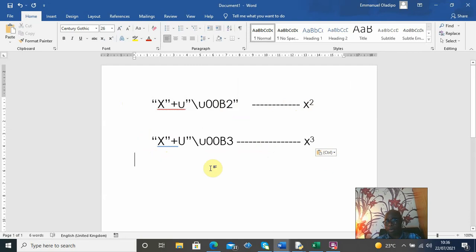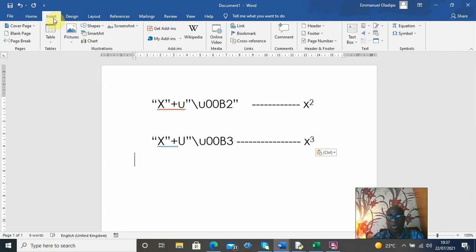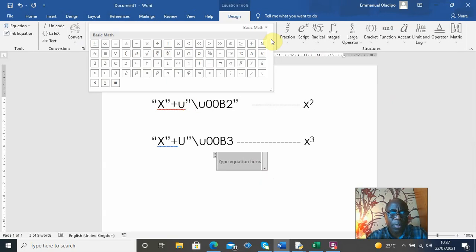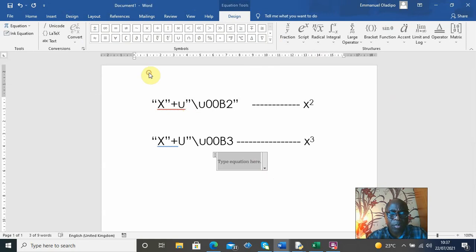And for our pi, you all agree with me, I'm not sure it's on the keyboard, although you can insert the symbol. Let me see if I can get the symbol from here. If I go on that and then click on equations, it should be possible for me to see pi here. Let's see whether we can find it from this list. Okay, that's pi there. Let me just insert pi.